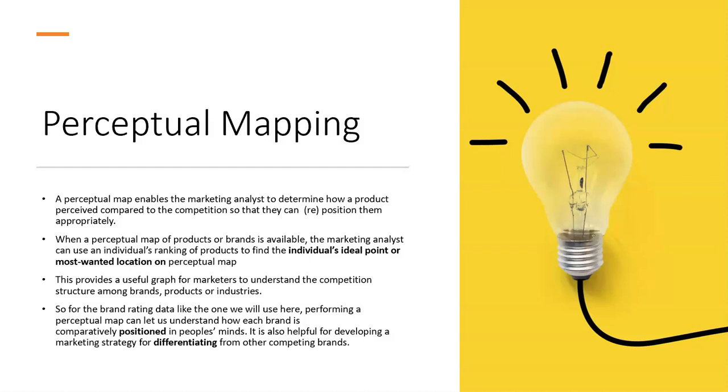It's a graph which also helps marketers to understand the competition structure among brands, products or industries. So for the brand rating data, like the one we'll use here, performing a perceptual map can let us understand how each brand is comparatively positioned in people's mind. It is also helpful for developing a marketing strategy for differentiating from other competing brands.